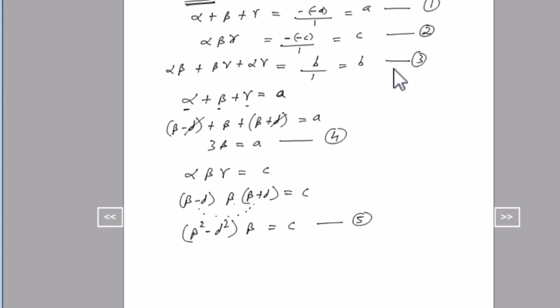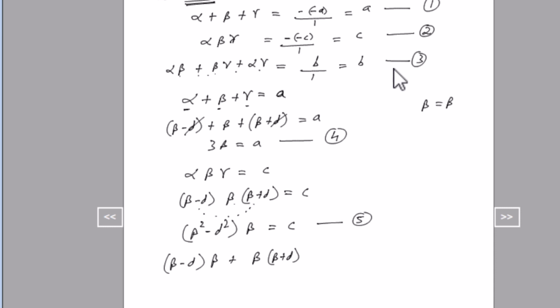Now if you look at equation 3, alpha beta plus beta gamma plus alpha gamma can also be written as follows. Just for simplicity's sake, let me write them all over here.